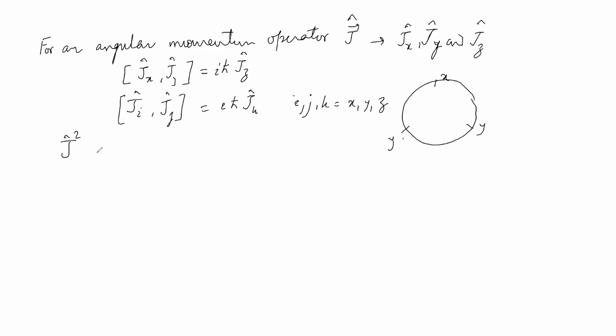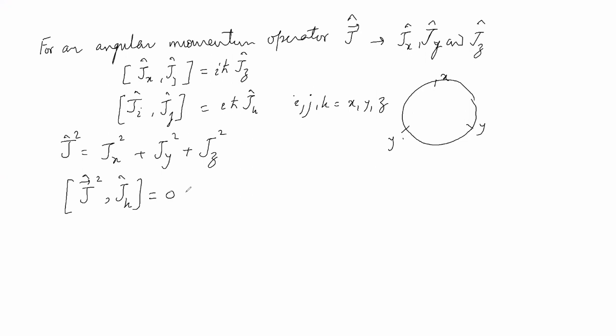Then we wrote J square as Jx square plus Jy square plus Jz square, and we showed that J square commutes with Jk, whether it is Jx, Jy, or Jz.